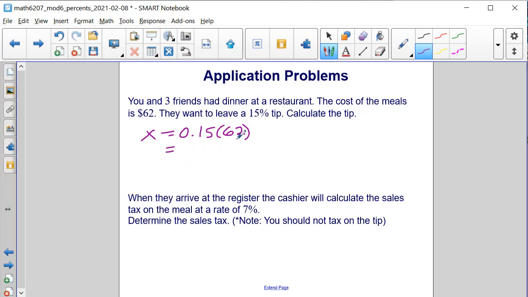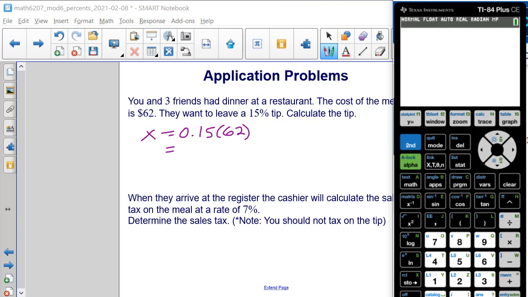And when we multiply these values together, we get $9.30.